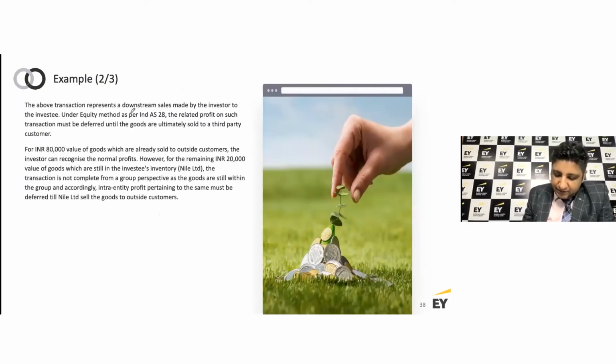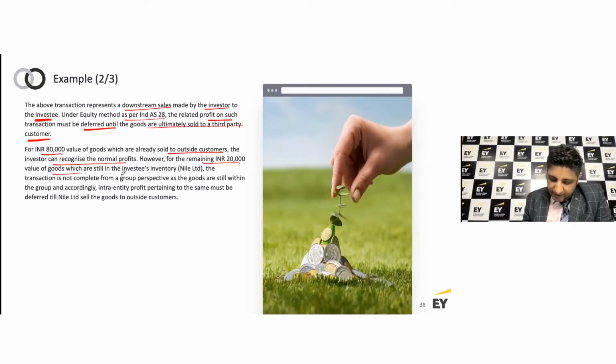The transaction represents a downstream sale made by the investor to the investee, which is the associate. Under the equity method under Ind AS 28, the related party profit must be deferred, of course, till the time the goods are sold eventually to an external customer. You cannot recognize the profit. For the 80,000 worth of goods, you can recognize the profit, so there is no adjustment required to be made.